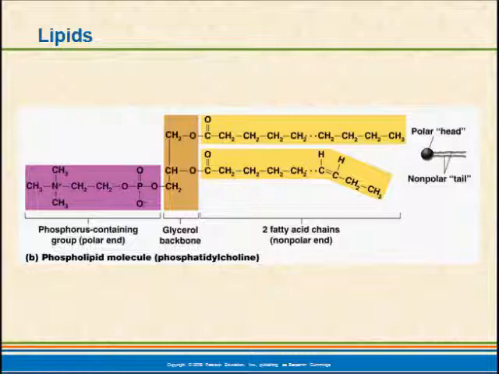You can take a whole bunch of phospholipids and put them in a jar full of water and shake them up, and what's going to happen is that it's going to form this little layer that actually forms into a sphere, a little tiny sphere about the size of a cell membrane. So it's pretty cool.